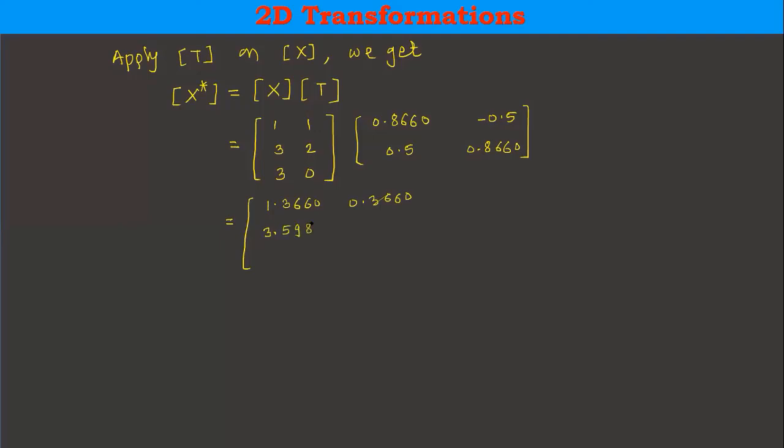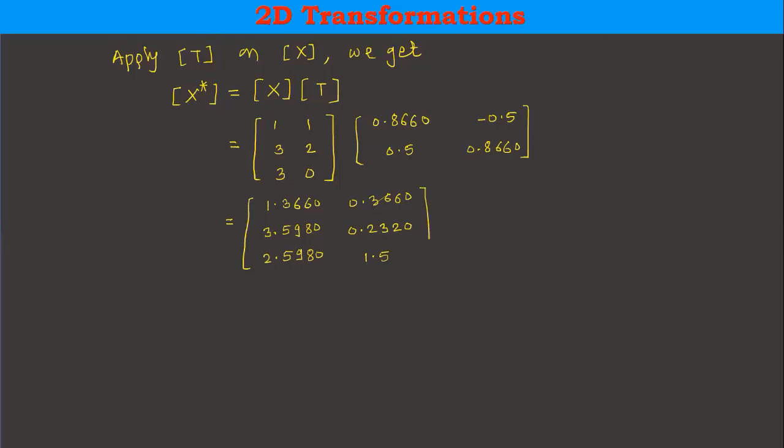Then the next one is 0.2320. Next, the third row entry is 2.5980, and the last entry is 1.5 or 1.500, you can write it.